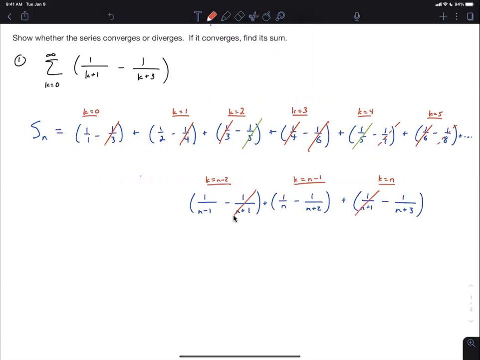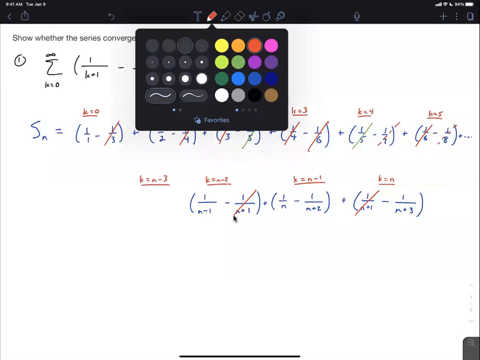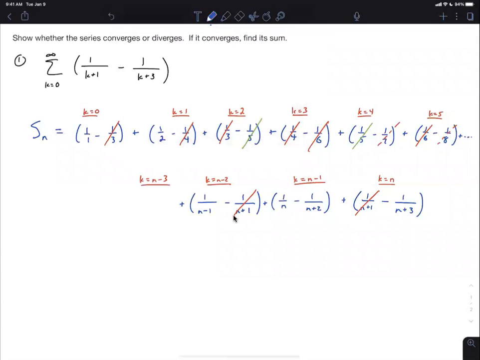We're going to keep going back and see if we can get an entire term to cancel like we did going forward. So if we go backward, k equals n minus 3 gets us 1 over n minus 2 because it's n minus 3 plus 1. And then this one gets us n minus 3 plus 3 in the bottom.